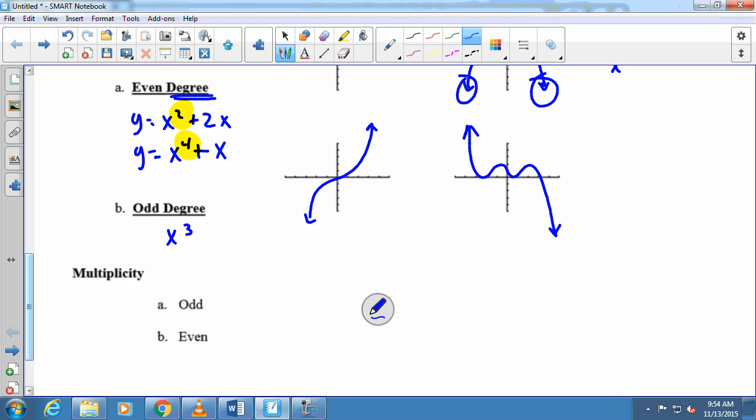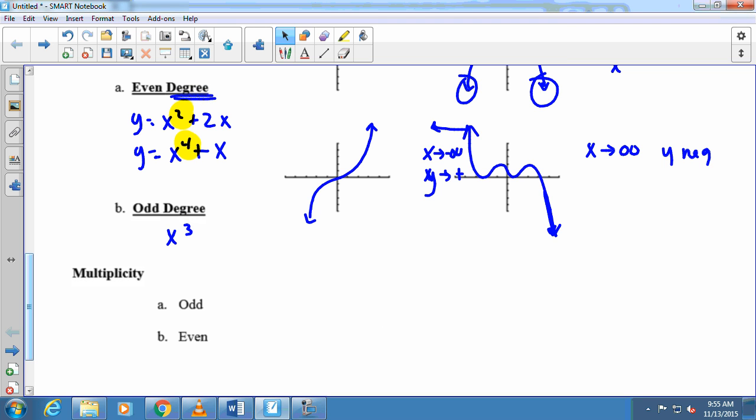So we have our idea like when x is going to infinity, my answer out, y, is headed to the negative direction. If I look on this side, x is headed toward negative infinity. It's growing in the negative direction. Therefore, my y, in this case, is headed positive direction. So we just look at what's happening as x gets super large. So we have two situations, either a U or a chair.